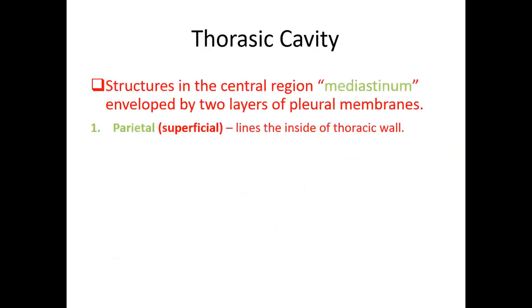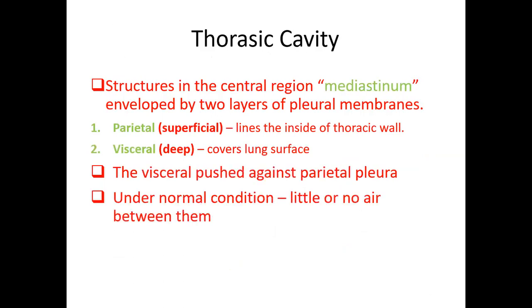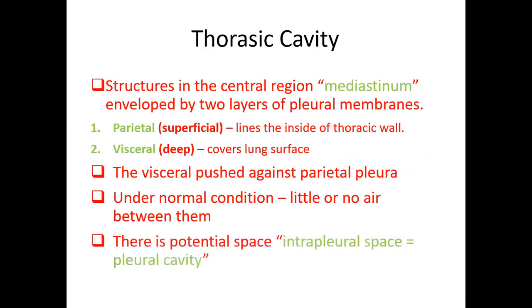The structure in the central region of the thoracic cavity is called the mediastinum, enveloped by two layers of pleural membranes. The parietal layer, which is superficial, lines the inside of the thoracic wall, and the visceral layer, which is deep, covers the lung surface.